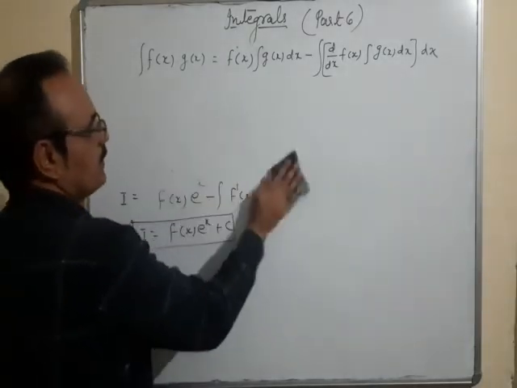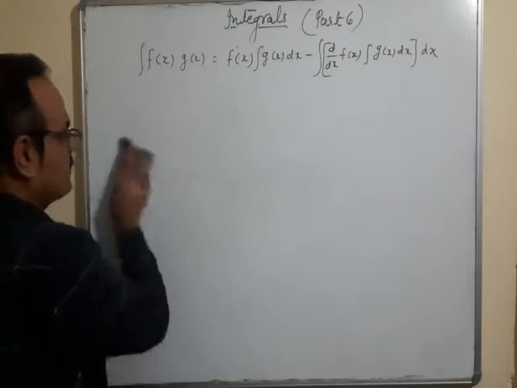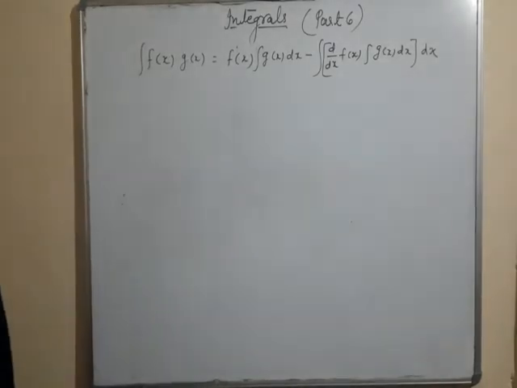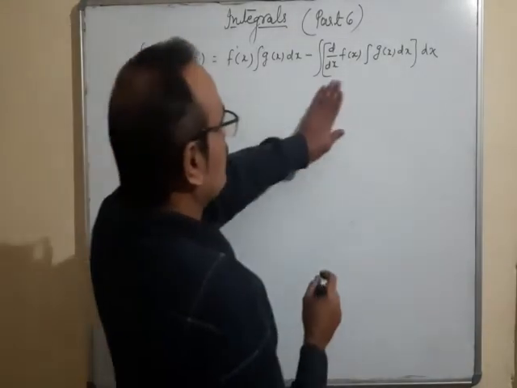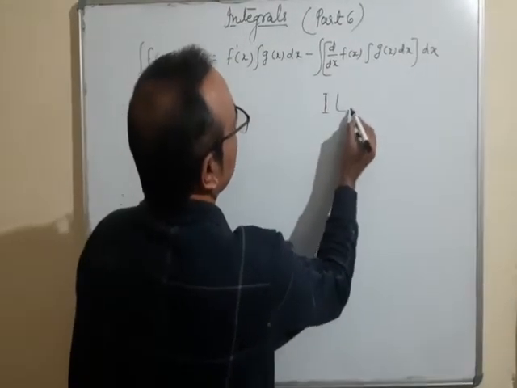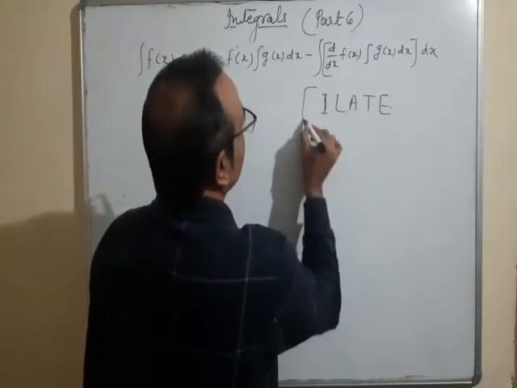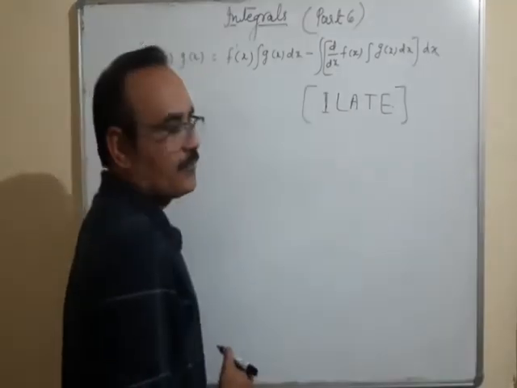Rule you will remember, in short form I am writing it. It's very important and it would be very useful for you. This is the rule. Rule is ILATE. According to this ILATE, we will use the terms.